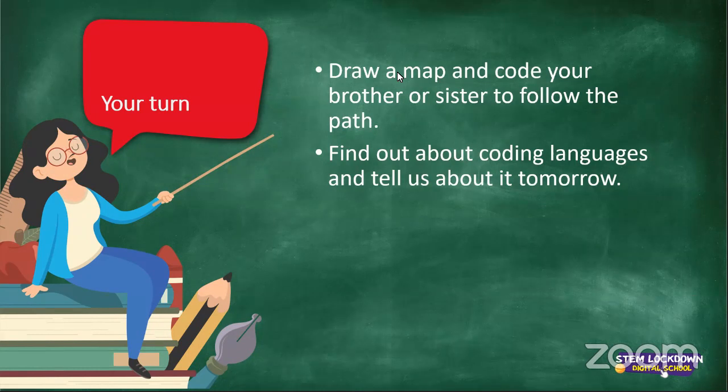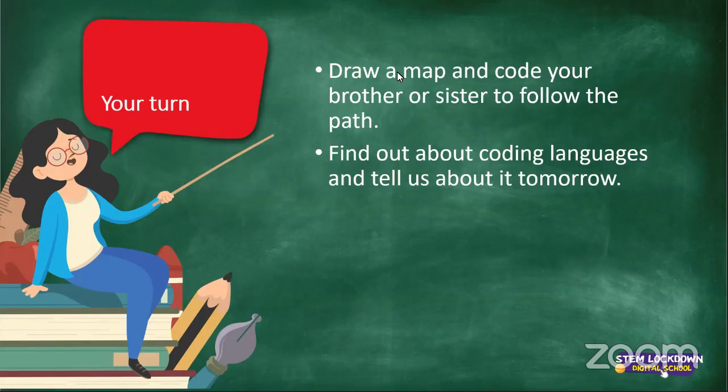Then I want you to find out about different coding languages and tell us all about it tomorrow. The more maps you draw with more instructions, the easier it's going to be for you to code. So maybe look around your house and see what routes you usually walk.